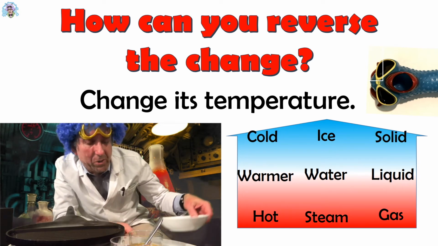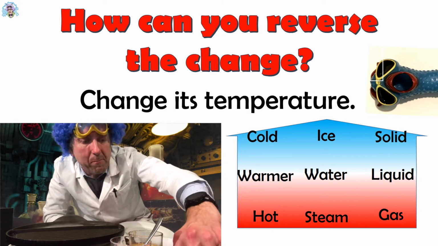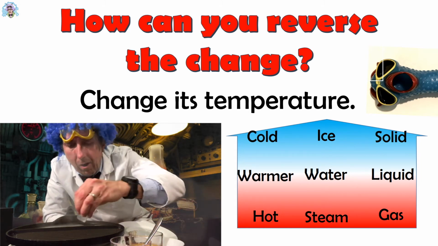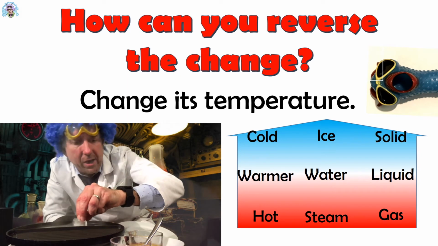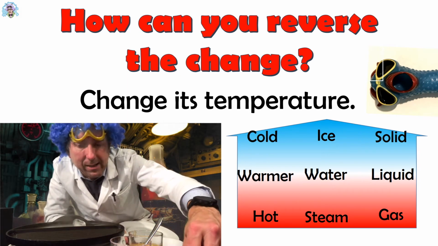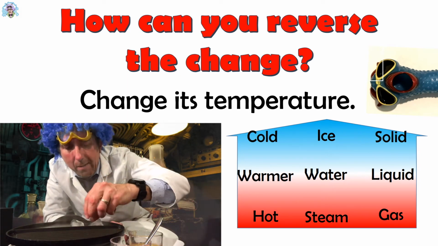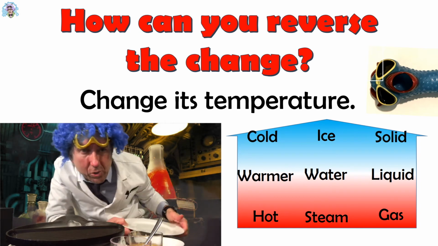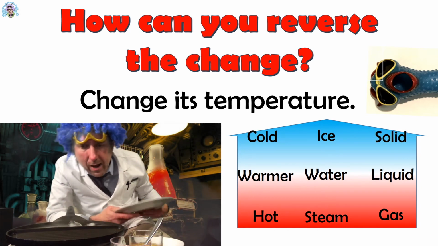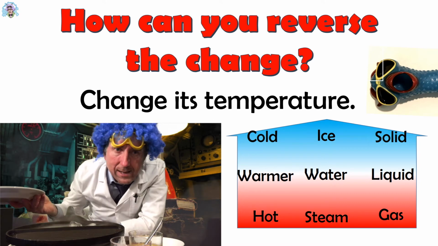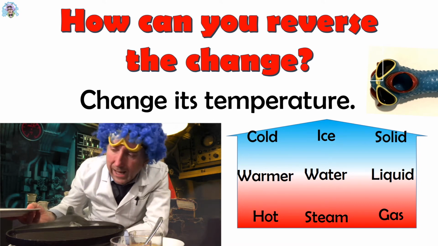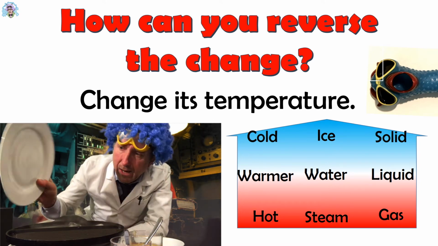We're going to do a little bit of an experiment where we're going to put a little bit more of the solids, the ice, on the hot plate, making them hot. They'll become super hot and then turn into a gas, which is steam. And then I'm going to capture the gas on this plate. Now, this plate's cold, so let's see what happens.